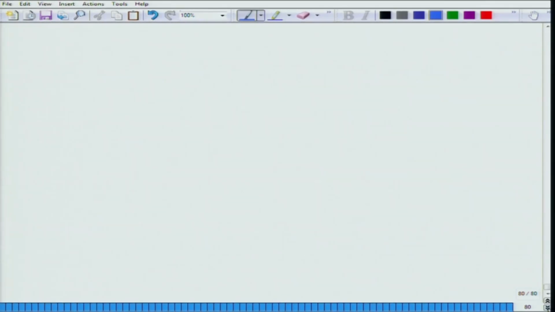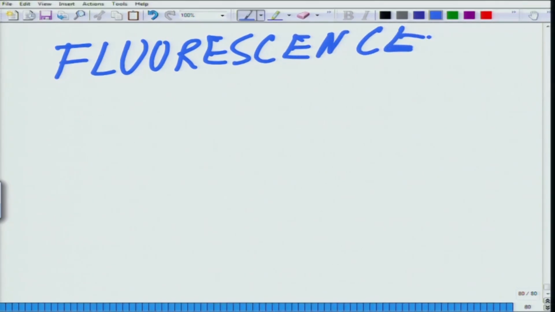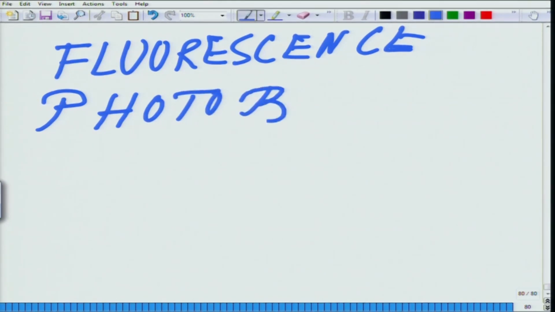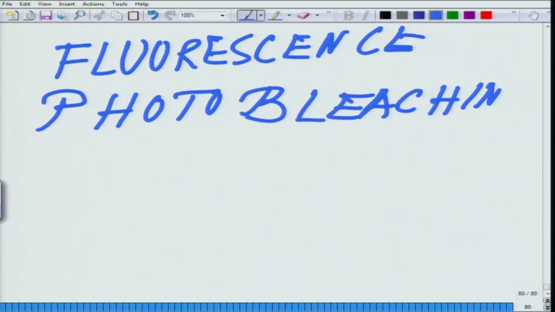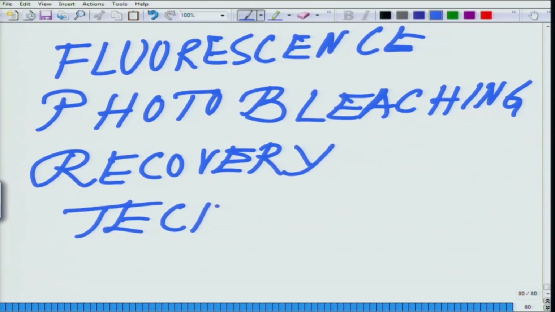That is called fluorescence photo bleaching recovery technique. What is this technique about?